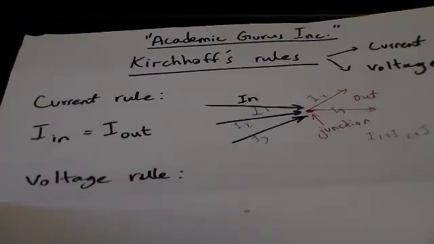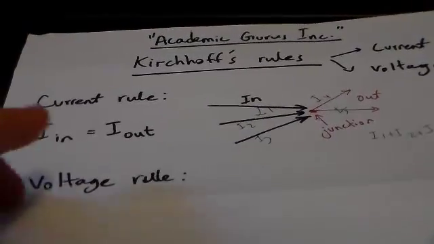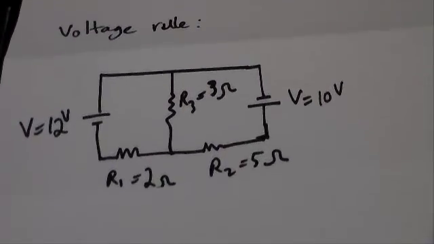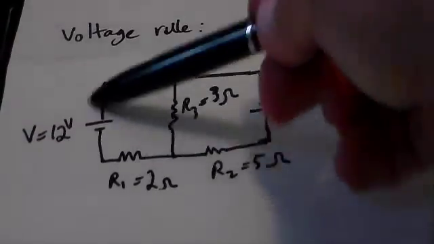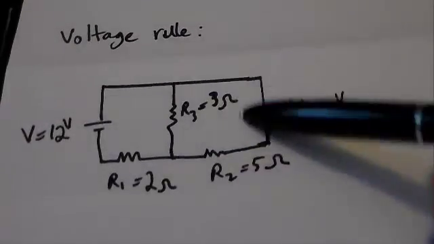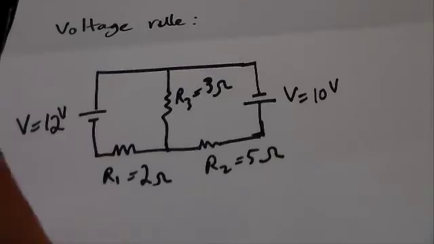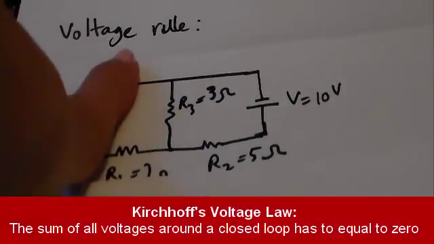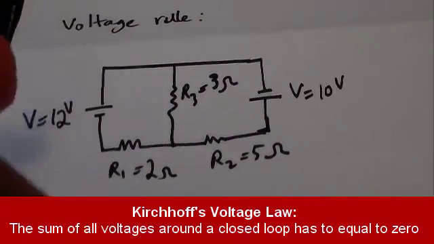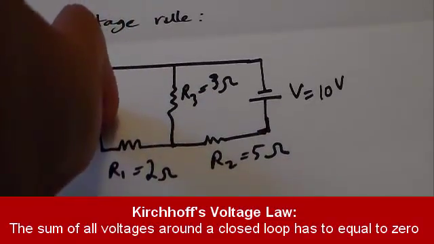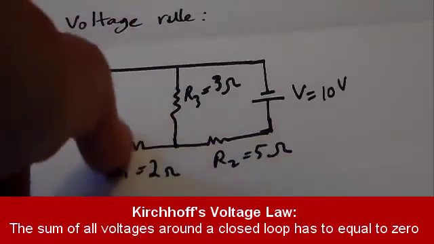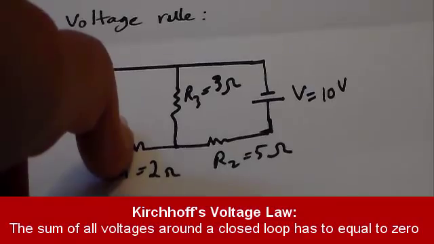What the voltage rule says is that if we take a closed loop in a circuit, whichever loop you want, like this one or this big one, the amount of voltage, the energy you spend to go around this loop, has to add up to 0.